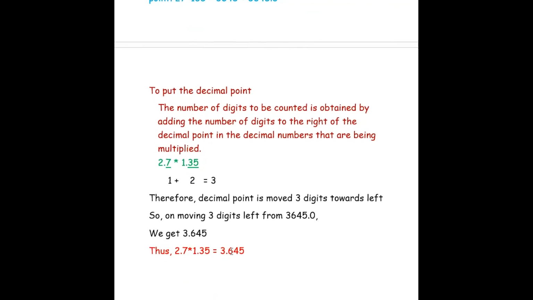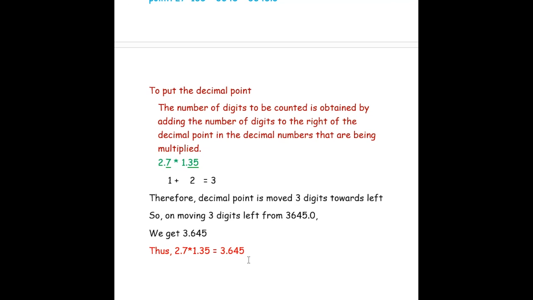On moving 3 digits from 3645.0, we get 1, 2, 3. So we place the decimal in front of 6, that is between 3 and 6. So we get 3.645. Thus 2.7 into 1.35 is 3.645.